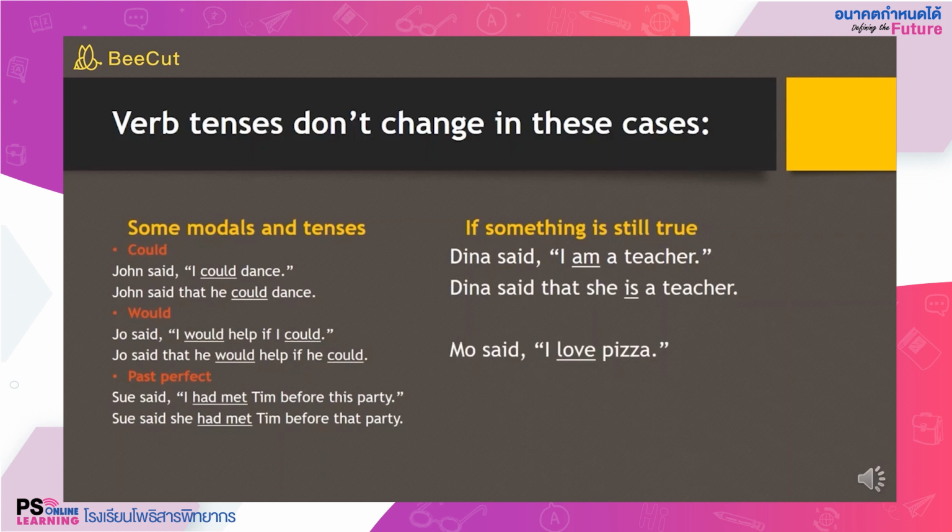Mo said, "I love pizza," and everybody knows that Mo likes pizza. So it would be, Mo said that he loves pizza. You don't need to change the tense of the verb to the past if this is a fact and if it is still true.